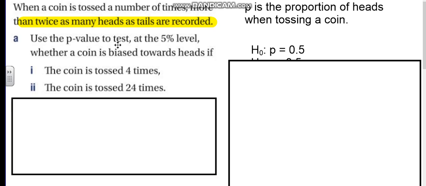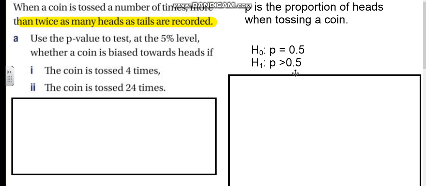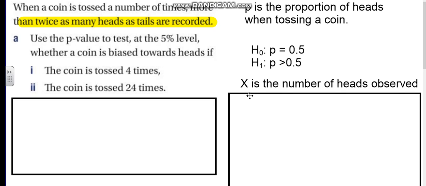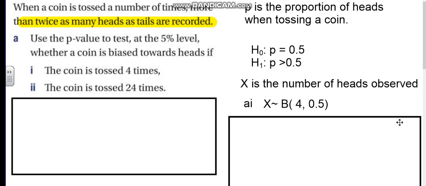We're asked to test whether it's biased towards heads, okay, and P is the proportion of heads, so we're looking to see if P is greater than 0.5 as our alternative hypothesis. Then we want to state what our X is standing for. So X is the number of heads we would observe in our sample, okay, and X distribution would be binomial. N is 4 from here, and P is 0.5 because we're working under the null hypothesis.